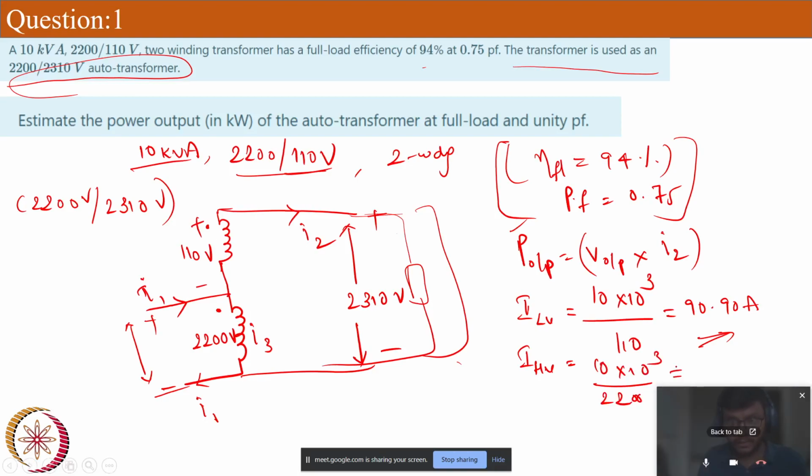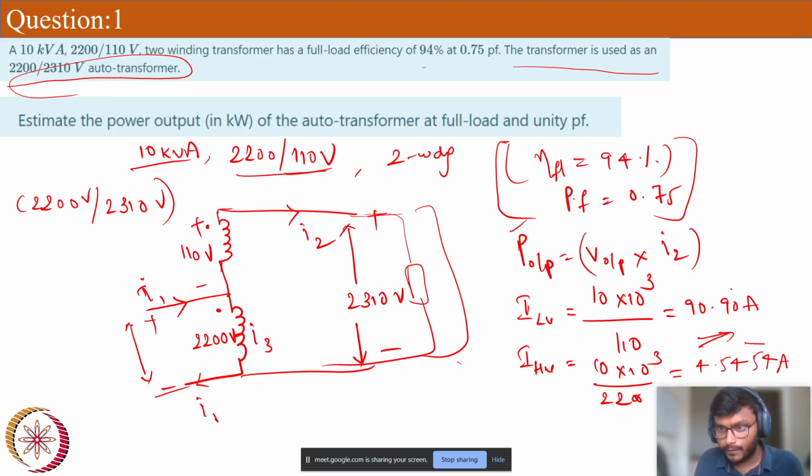I'm calculating I3. Someone tell me how much it is. Yes, correct, Tulsi. It's 4.5454 recurring amperes. So you can see high voltage current will always be less than LV current. That's also tallying here.